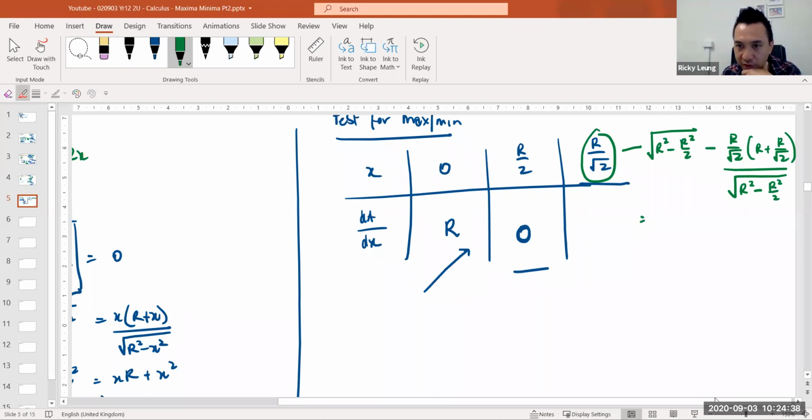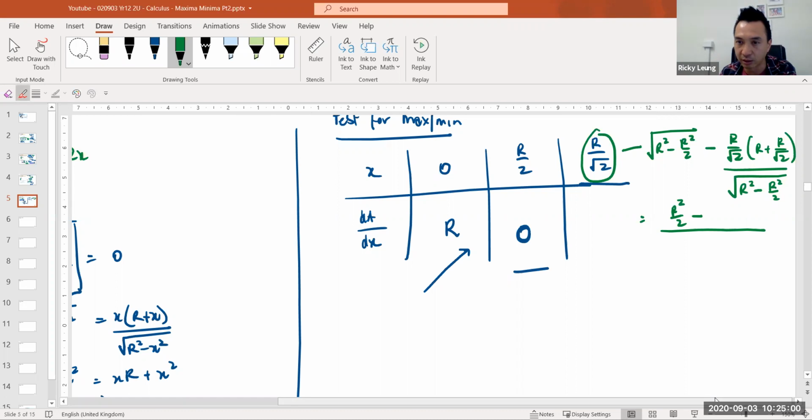So that's like the square root of r squared on 2, which is r on root 2, minus, you know what? I'm just going to common denominator that. So that's just r squared on 2 minus, expand that.